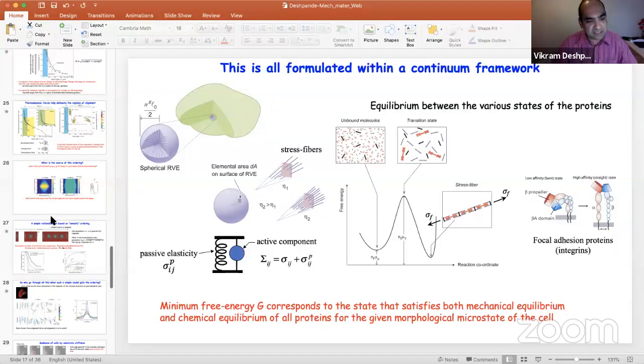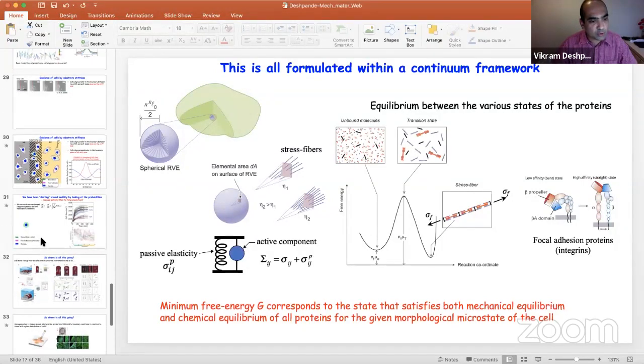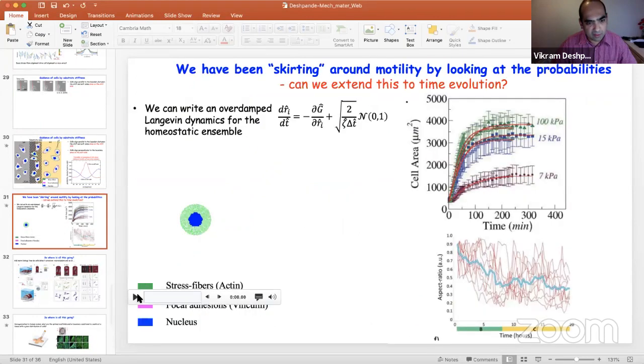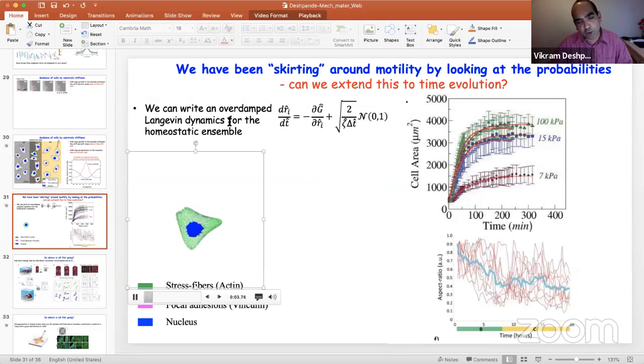Now, when I go to time evolution, all that I'm doing is solving this kind of over-damped Langevin equation to come up with these shapes. And this noise term, which is that non-thermal noise in the Langevin dynamics, is basically telling you why the cell shape is changing all the time.